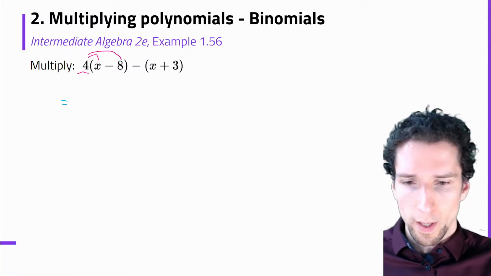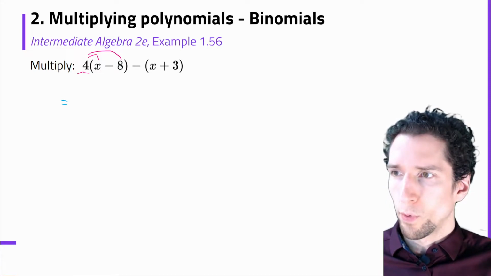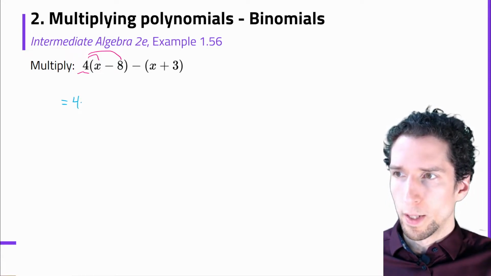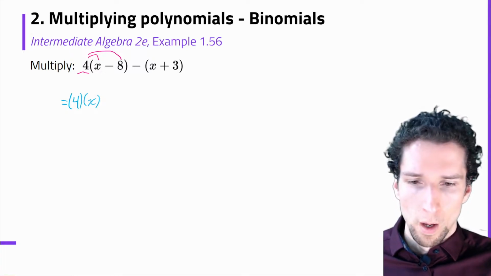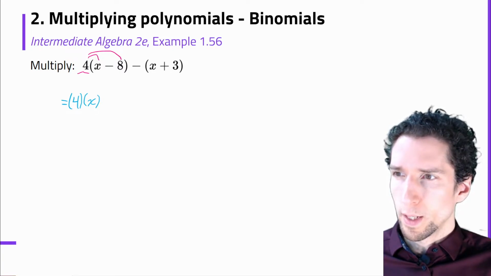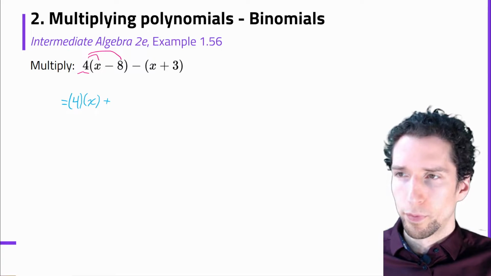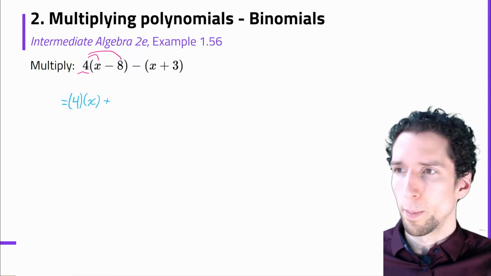So if we expand this, then our first step here is 4 times x, and I'm going to write this with lots of extra detail here. 4 times x, and then that here minus, let's write this as plus. Let's just keep the parts here separate for these first few examples.